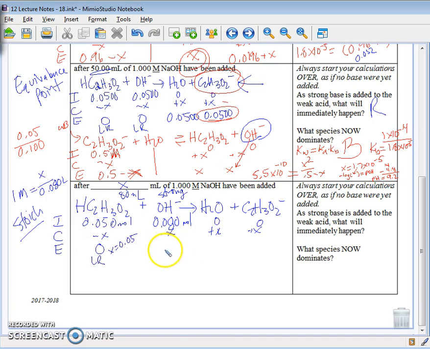So Jacob, you're going to have 0.03. My water is going to be 0.05. This will be the same for everybody. The acetate is going to be 0.05. That'll be the same for everybody, right? Okay, but the amount of OH is not going to be the same. So Maddie's is going to be 0.001.